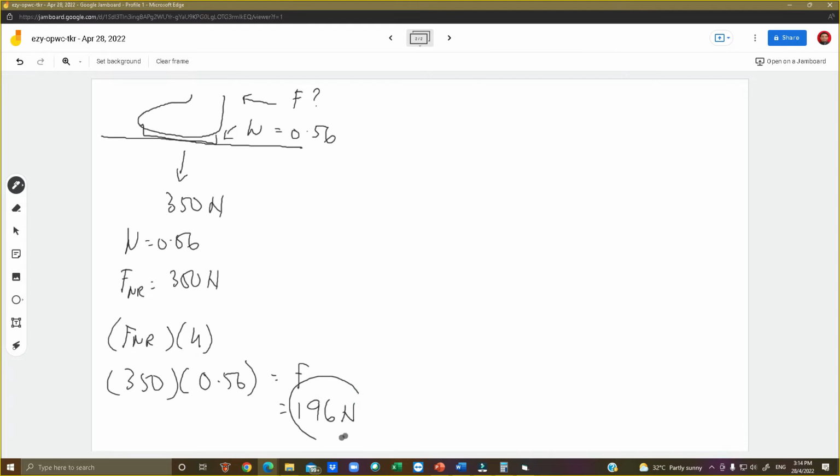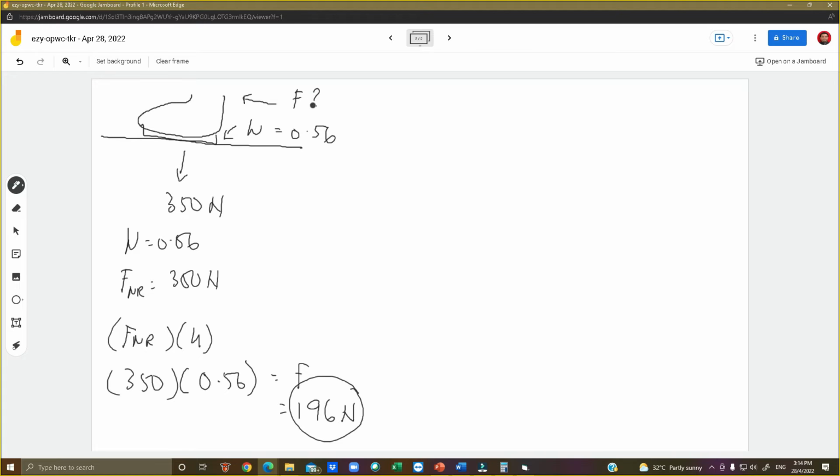Okay, this is net force for this system. So if we try to make the shoe slide, berapa banyak force kita perlukan? Kita dah tahu force at this system is 196. So if we want to make this shoe slide, maksudnya kita nak overcome this threshold, how much force is needed?